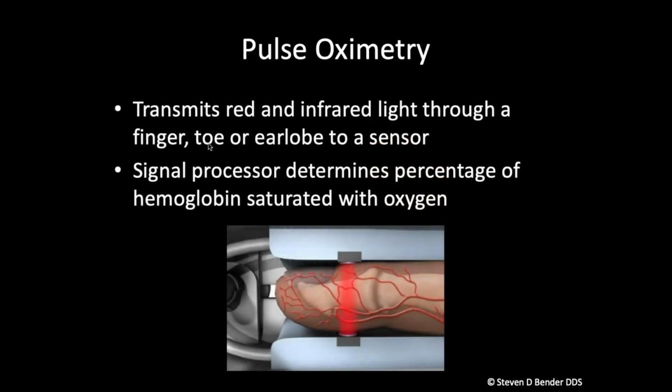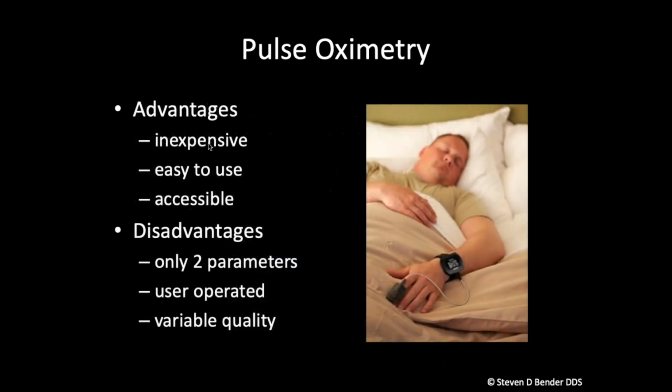So the very basics of pulse oximetry is that it's going to be a red or infrared light transmitted through either a finger, a toe, or earlobe, which is going to then be presented on a sensor. That signal processor or sensor will then determine the percentage of hemoglobin saturated with oxygen. Bottom line, how much oxygen is in our blood.